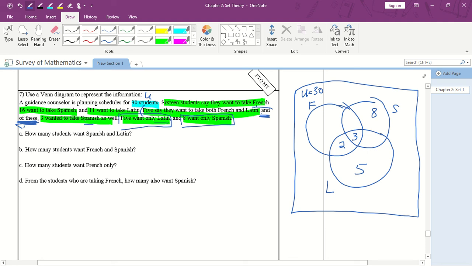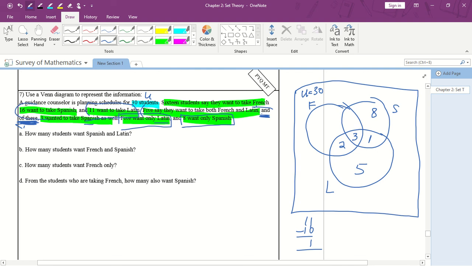And of course here it continues to say that 11 want to take Latin. So you know that this whole thing here is 11. So here we say 5 plus 2, 7, 7 plus 3, 10. So the whole thing here is 11, but there's 10 here. This means 11 minus 10 is equal to 1, and only 1 person is here.